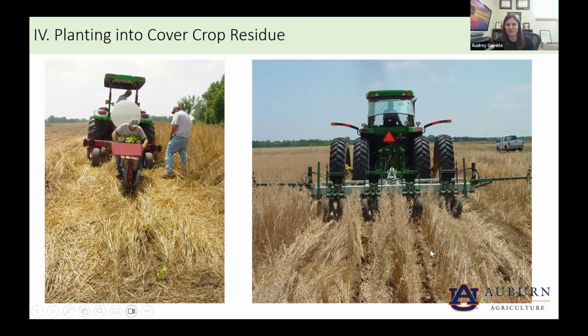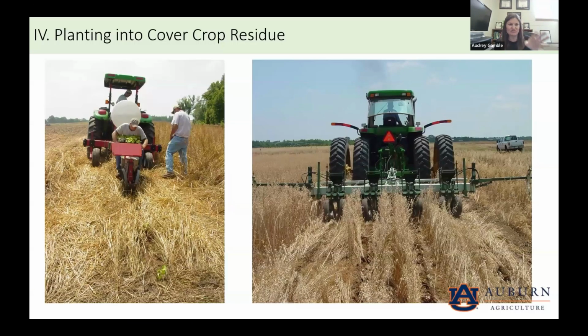This would be on a larger scale where we're subsoiling through a cover crop residue, and then we'll go behind that and plant. And then here's that vegetable transplanter. You can see that the residue is being cut and then swept away, and then those transplants, they're in a lot of residue, but they still have good soil contact there in order to keep them stable.